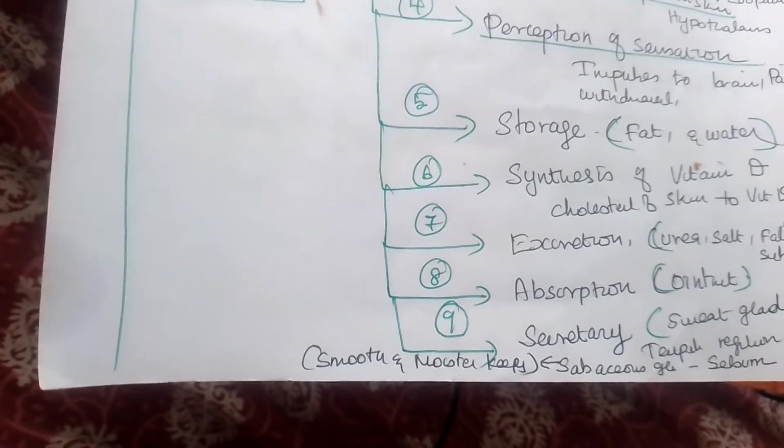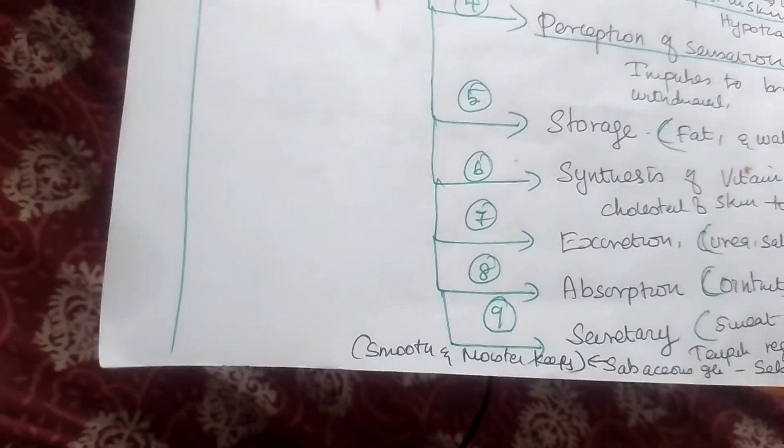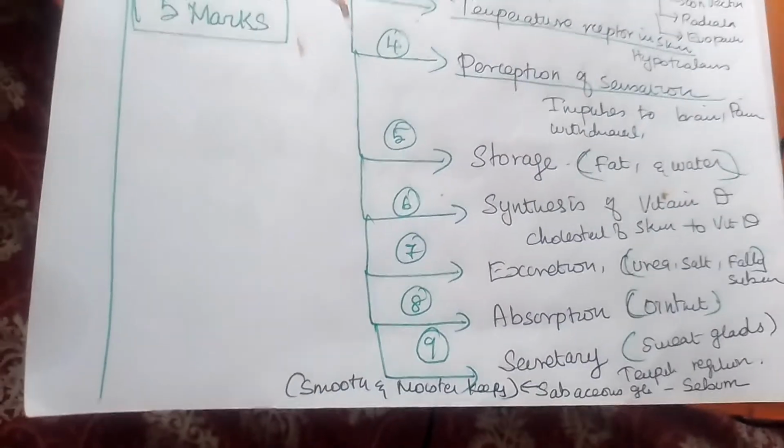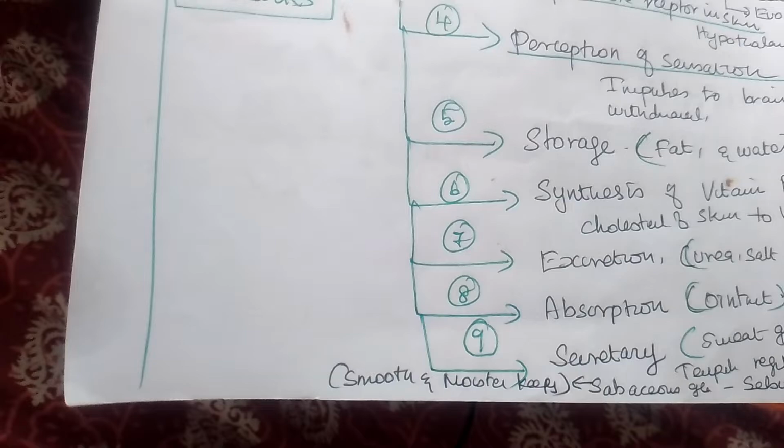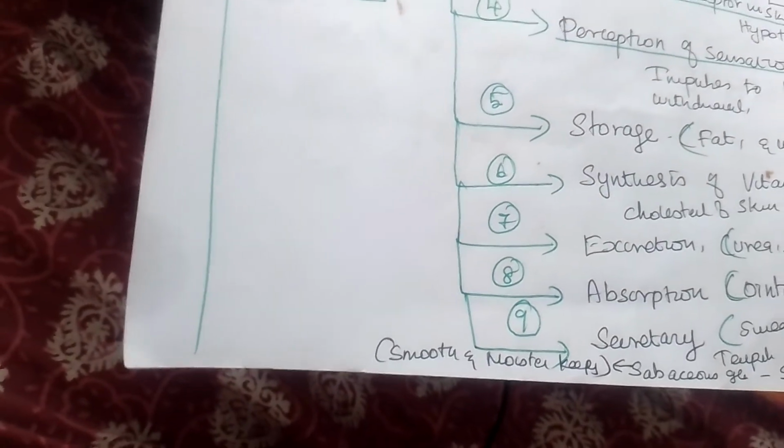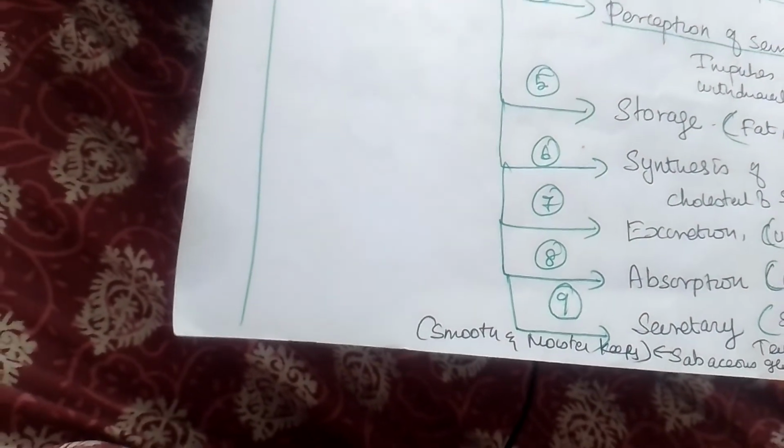The sebaceous gland produces sebum, and this sebum helps smoothen and moisturize the cells, so dryness is avoided in the skin.